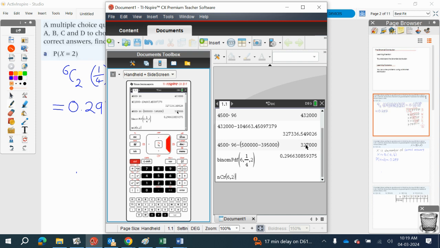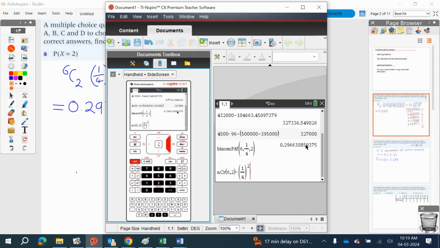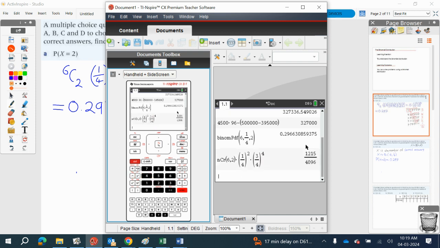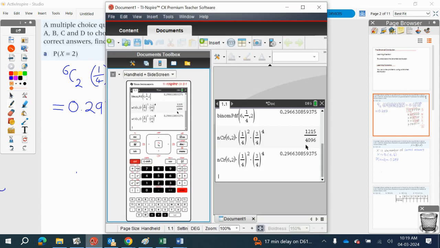So nCr 6, 2, times a bracket, 1 over 4 to the power of 2, times a bracket, 3 over 4 to the power of 4. And we should get the same answer with the binomial as with the calculation.